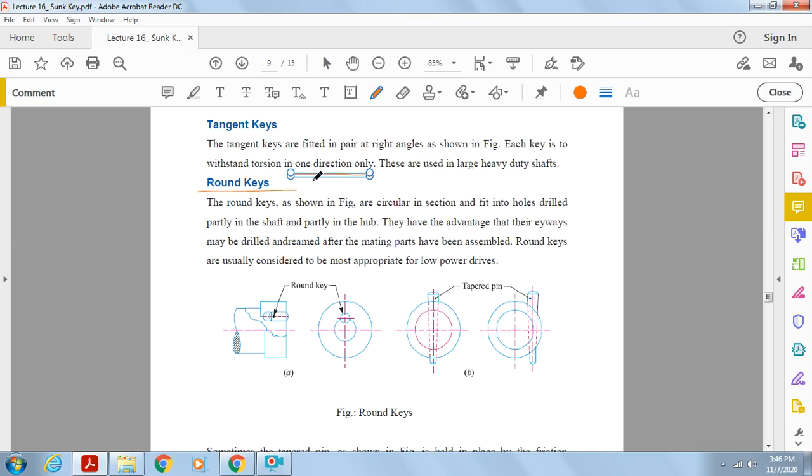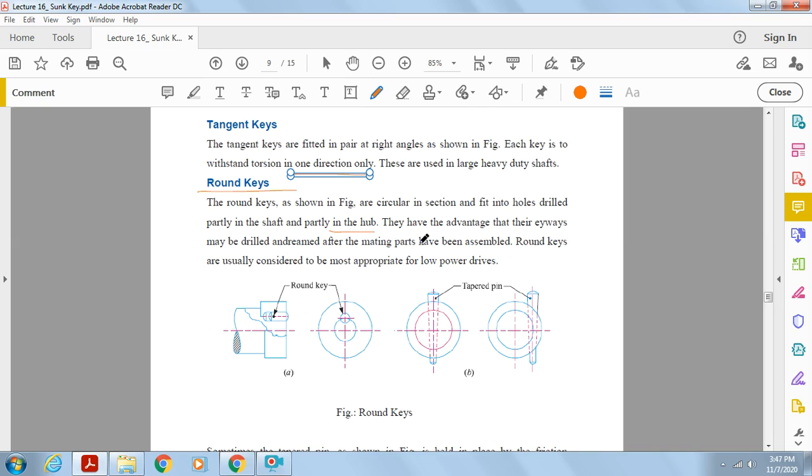Next, round key. The round keys, as shown in figure, are circular in section and fit into holes drilled partly in the shaft and partly in the hub. So here you see this particular tapering pin is pushed into the hole partly in the shaft and also into the hub.